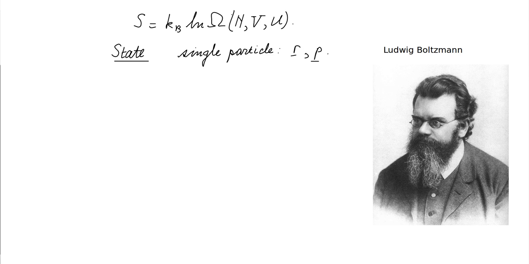Let us think about one particle in one dimension. And this particle is characterized by some x coordinate, that's the position in a one-dimensional system, one particle. And it has a momentum p. And so, realizing that he couldn't count the states, he thought of the following. Let's just divide up this space into small boxes.